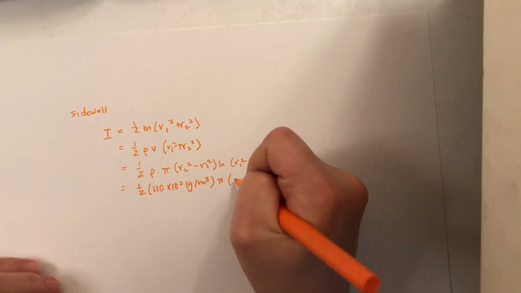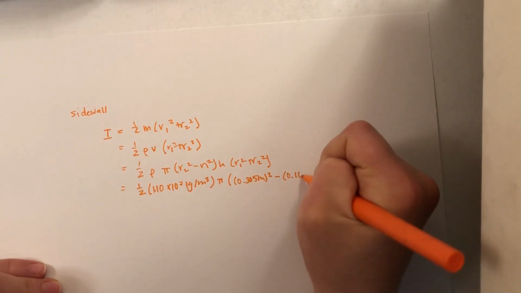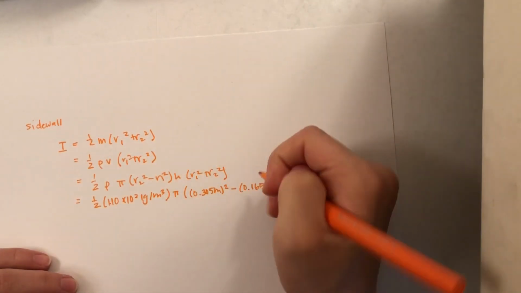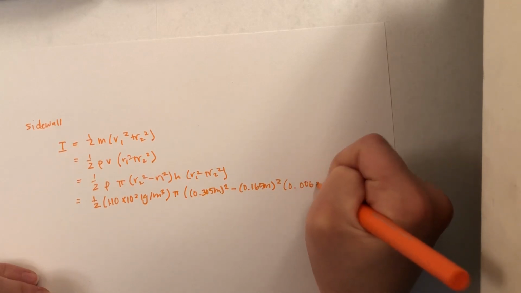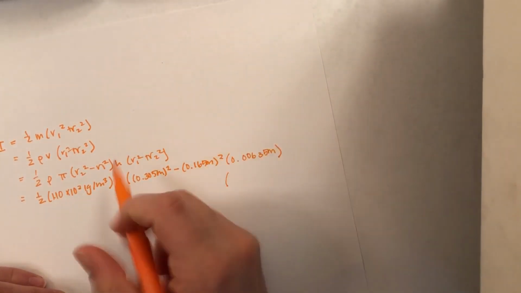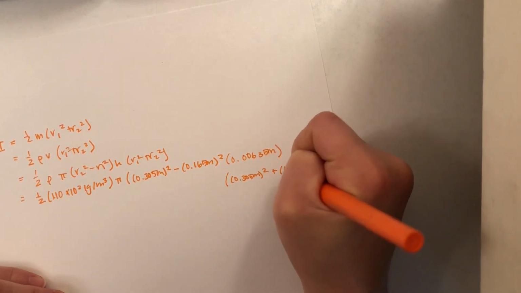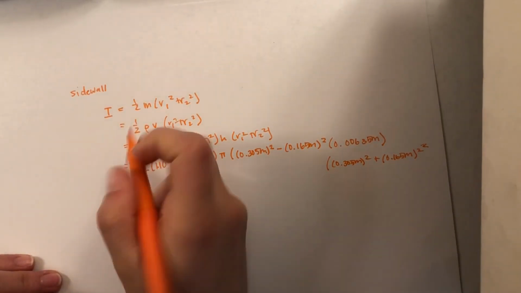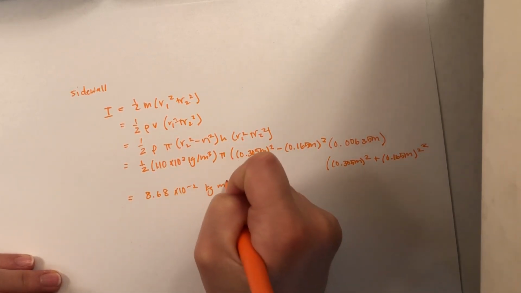So taking the larger radius, 0.305 meters squared minus 0.165 meters squared times the height, or also the width, which we found earlier to be 0.00635 meters, and then multiplied by r1 squared plus r2 squared, 0.305 meters squared plus 0.165 meters squared. Calculate that all out, and it's 8.68 times 10 to the minus 2 kilogram meter squared.